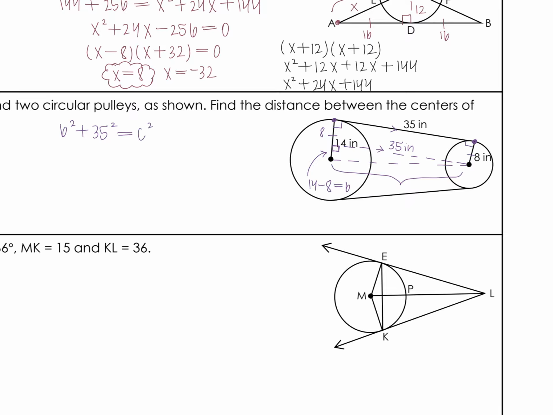Okay, so if you know your perfect squares, 6 squared is going to give you 36. Plus we have that 35 squared is going to give you 1,225. Is going to be equal to c squared. When I combine those two together, I'm going to get 1,261 is equal to my c squared.